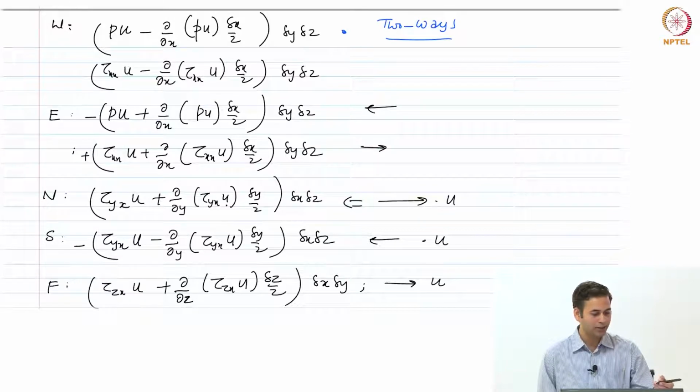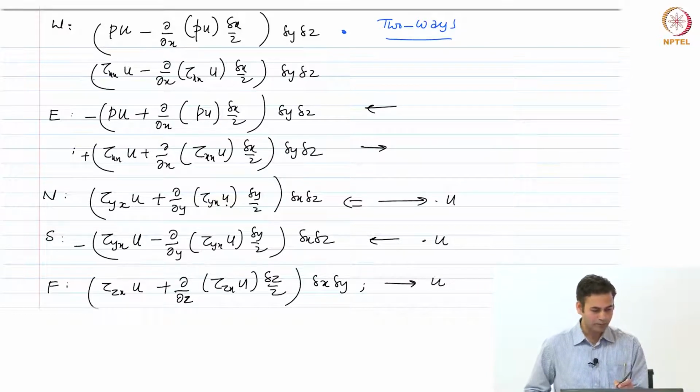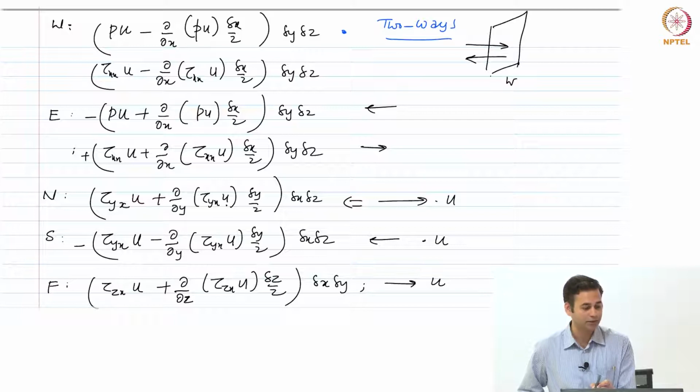So, what are the terms that will remain if I sum all these things? So, start with the west face, yeah. This one, because if you take the face here, right. So, this was the west face, we had pressure acting in this direction and then the tau acting in this direction. So, which is negative here?